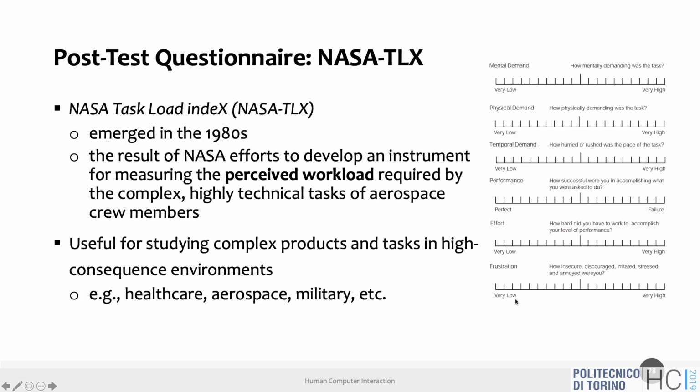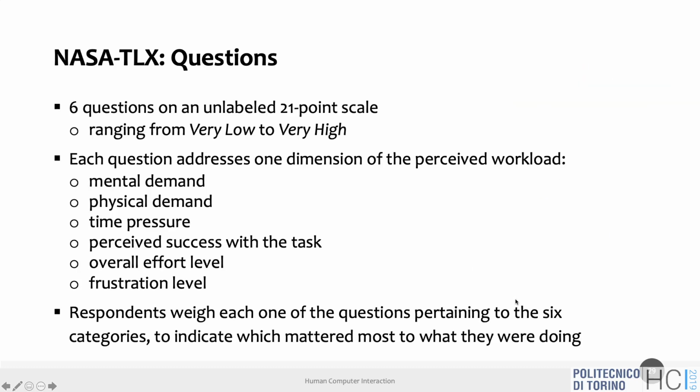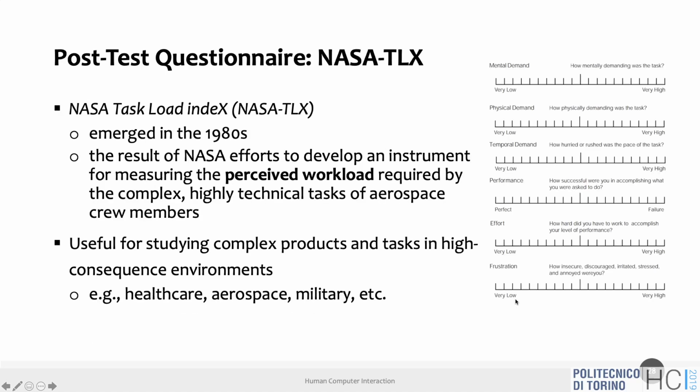And this questionnaire has just 6 questions, but the scale is unlabeled on 21 points. So much more detailed than the SUS scale. So here, for instance, I have different categories for frustration. You have: how insecure, discouraged, irritated, stressed, and annoyed were you.